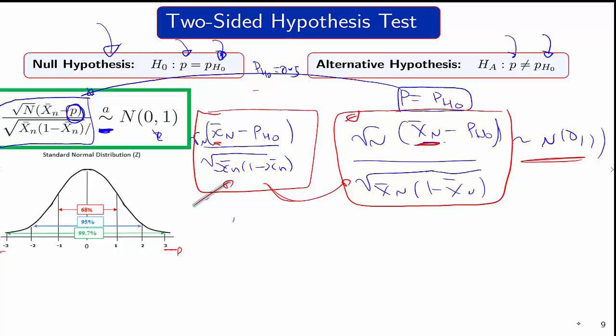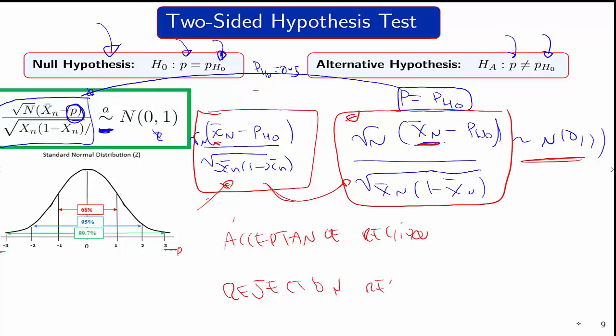For the test, we want to have an acceptance region where we think there's enough evidence that the null is true, i.e. that this statistic is near enough to zero, not too large, and a rejection region where if this statistic crosses a certain threshold, there's a small probability the null is true, so we reject. For example, we may want to pick a test where we will reject the null 5% of the time.